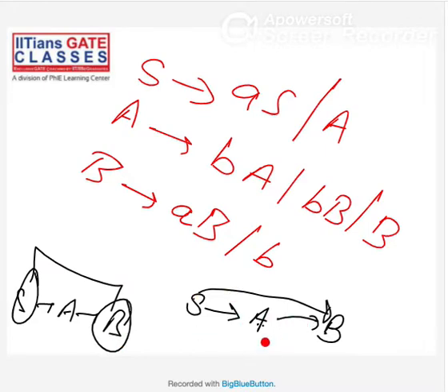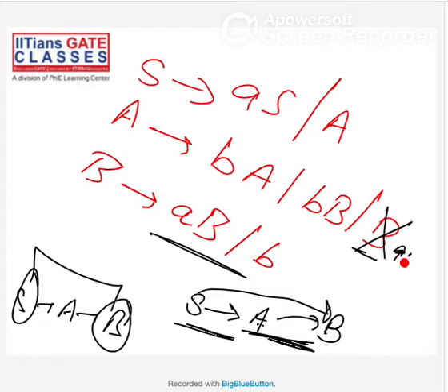When you have this type of situation, what do you do? First you handle this, then you handle this. So first you will handle this unit production. When you remove it, add everything that this B can derive, put everything here. Now you can remove this unit production.